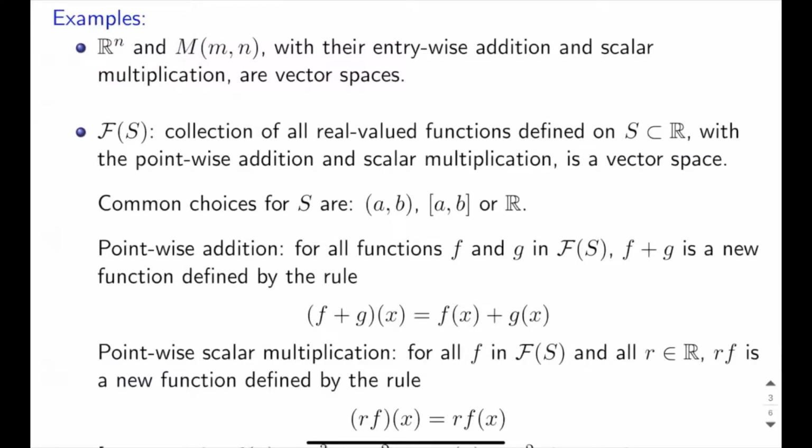Now, let's consider something other than what we have known so far. F of S is the notation for the collection of all real valued functions defined on a subset of the real numbers. For example, S can be an open interval, a closed interval, or sometimes even the whole set of real numbers.